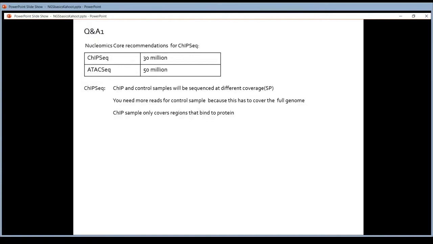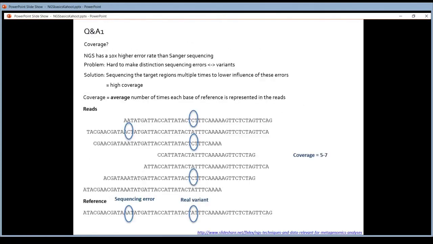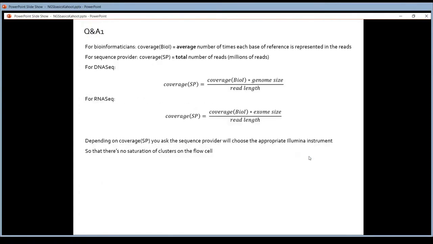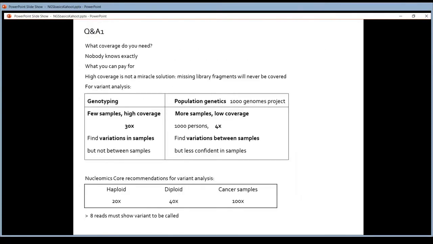So the genomic sample will be bigger than the ChIP sample. Because the ChIP sample is so small, you can increase the coverage. So typically the ChIP sample will have more coverage, but not in total number of reads; in total number, the control sample will probably be bigger.